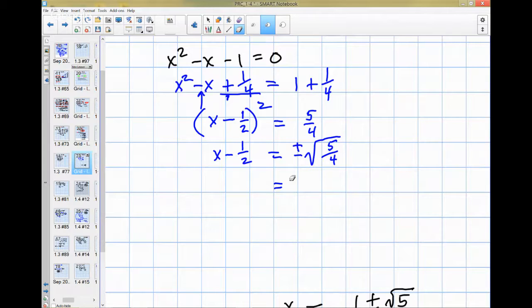So I could write this right side like this, because we know what the square root of 4 is. So now we sit right here. The goal was to what? Find x. So now all I have to do to solve for x is add 1/2 to both sides.